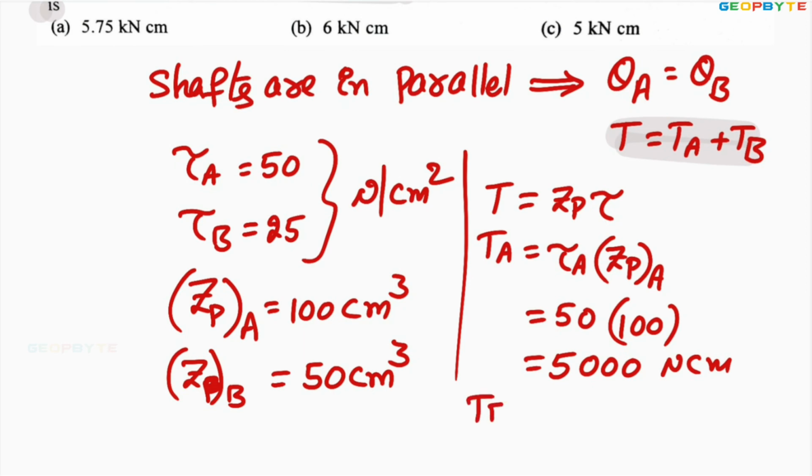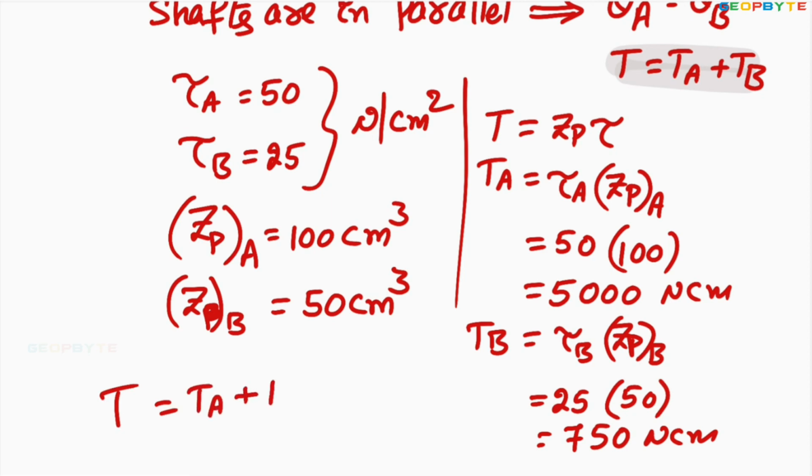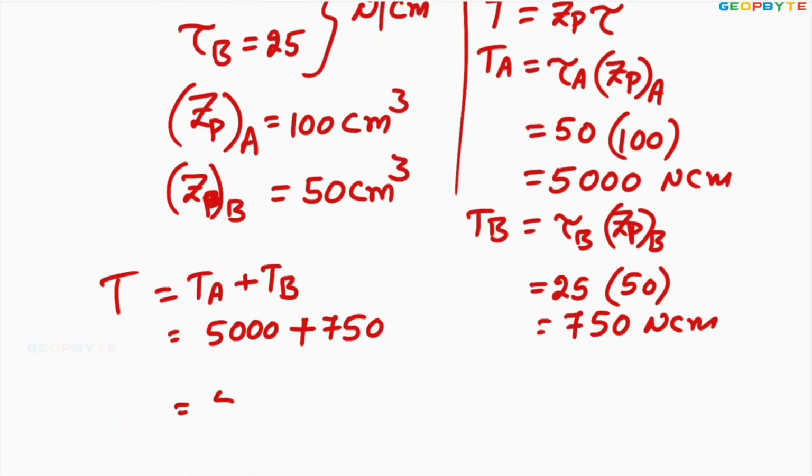Similarly, TB equals tau B into ZP for B, 25 into 50, equal to 750 Newton centimeter. Therefore, total torque equals TA plus TB, 5000 plus 750. The total value is 5750 Newton centimeter. That is the answer.